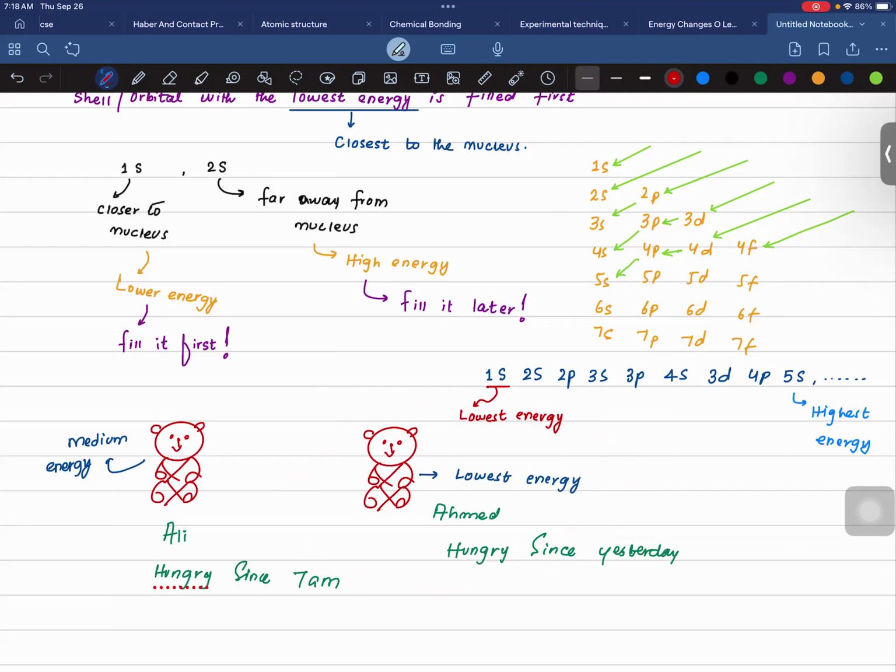So you all know that the 1s orbital is having the lowest energy, then 2s, then 2p, then 3s, then 3p, then 4s, then 3d, then 4p, then 5s. You can memorize this as school, school, public, school, public, school, doubt, public, school.